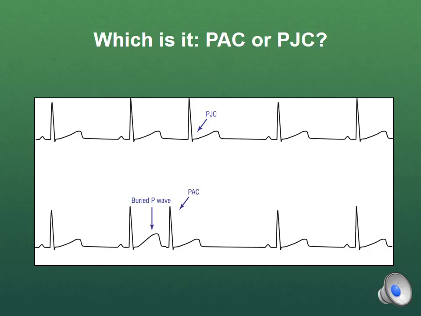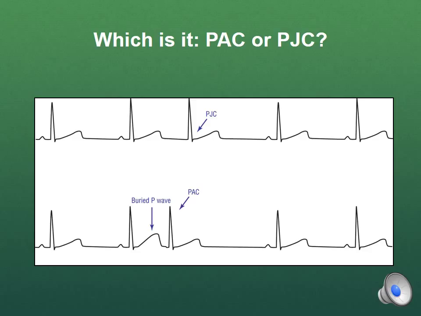So why do we need to look for a morphological change in the preceding T wave? If you look at our example here, on the bottom selection we have 3 complexes with a pretty normal T wave or repolarization wave, and then we look at that second complex with the raised T wave, and we can say that that's more than likely a buried P wave located in that T wave.